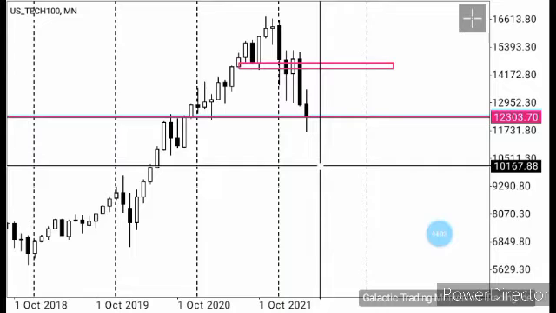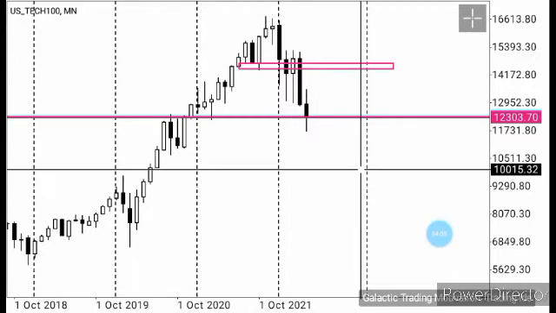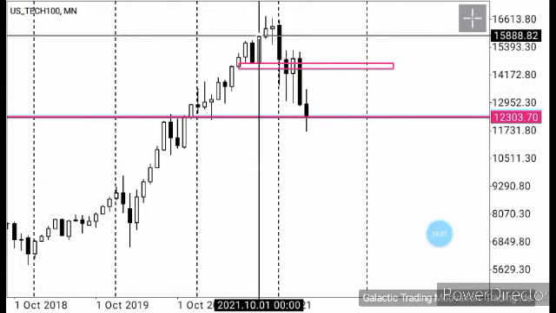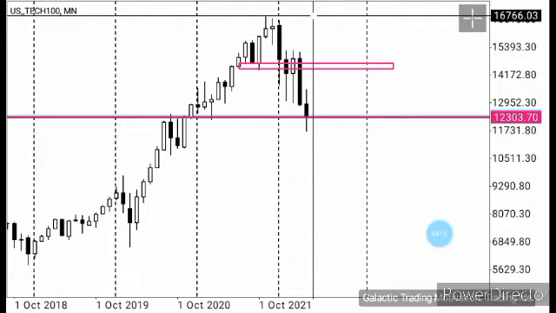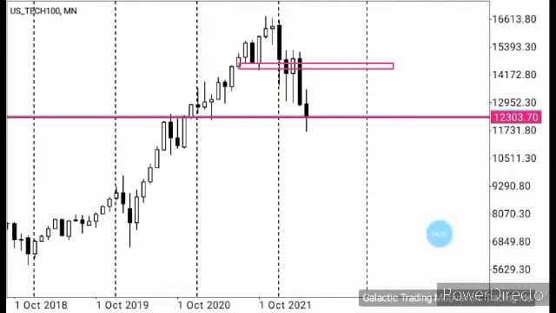Another thing that is quite interesting is that we have this candle over here, which is a bullish candle with a small body and a long upper wick. So this tells us that we have liquidity sitting at that level, and the market must at one point or another come back to that level to trigger that liquidity. Let's continue.